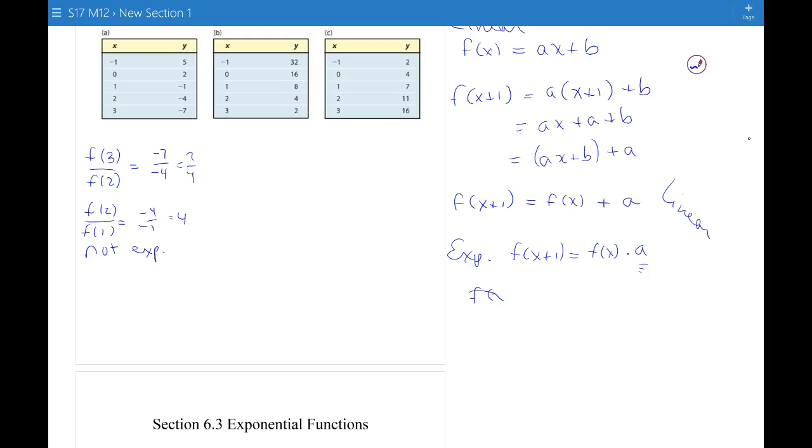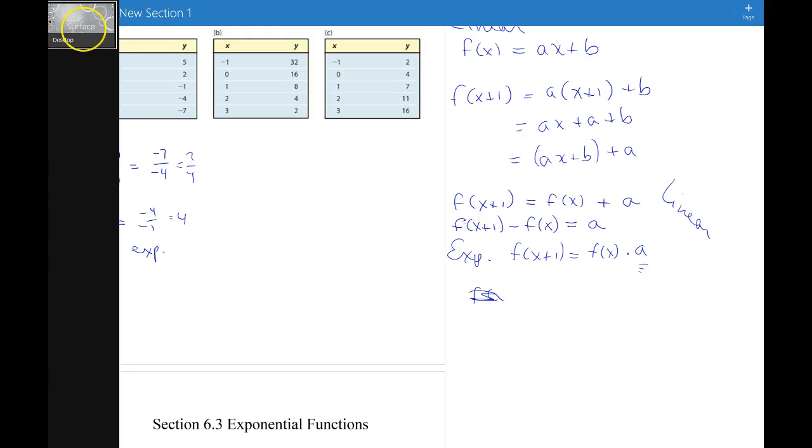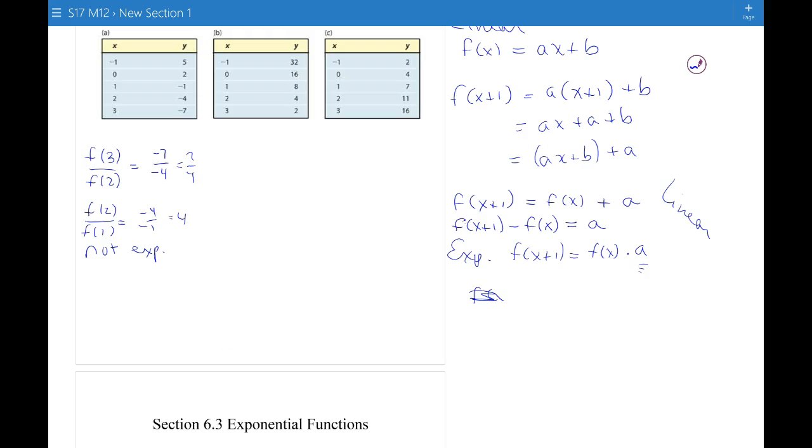But let's look at what should happen if I do f of x plus 1 minus f of x for a linear function. I should get a. So let's try f of 3 minus f of 2, and you get negative 7 minus negative 4, or negative 3.